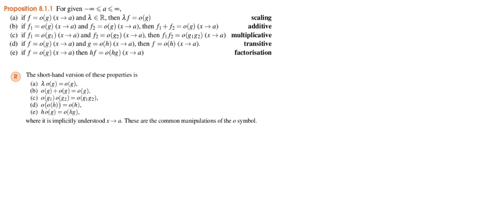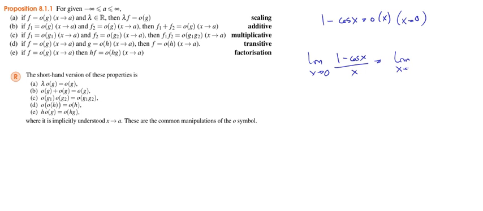Okay, so another couple more examples. 1 minus the cosine of x is small o of x, right? When x goes to 0. Because the limit when x goes to 0 of 1 minus the cosine of x divided by x, we know that 1 minus the cosine is approximately equivalent to x squared divided by 2, right?